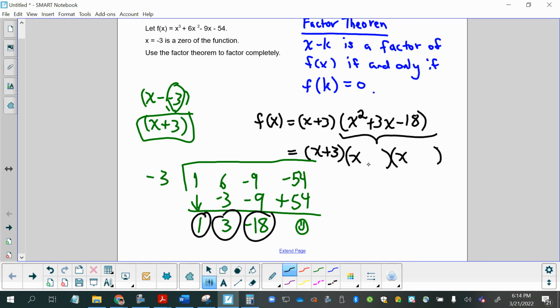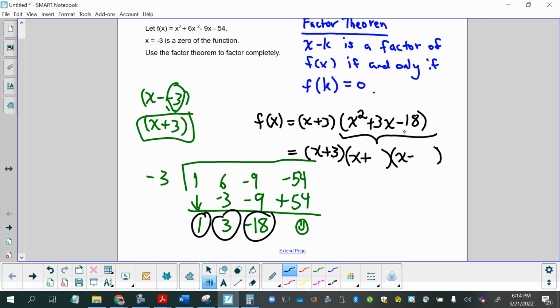So we know we're going to have one of each sign here. And we know that we want two numbers that multiply to give us -18, but add up to give us +3, the middle coefficient. So I start thinking about all the ways I can multiply two numbers to get -18.